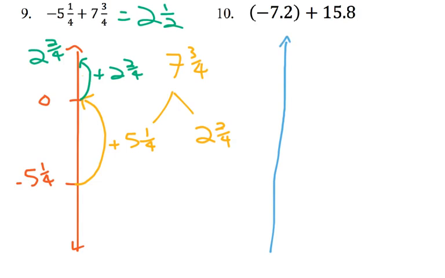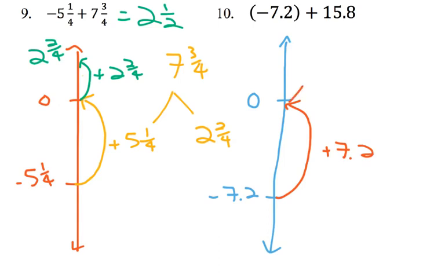All right, very last one. Sloppiest line in the world. I'm going to put 0 as well. Wow, these two problems are very similar. So we're going to start at negative 7 2/10. Since we're adding, I'm going to go up, and we're adding a lot, so I know that I can stop at the friendly number 0 first.